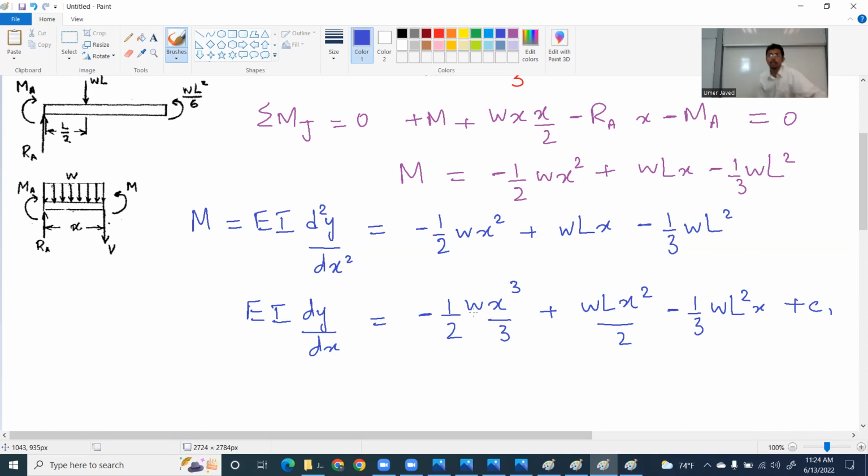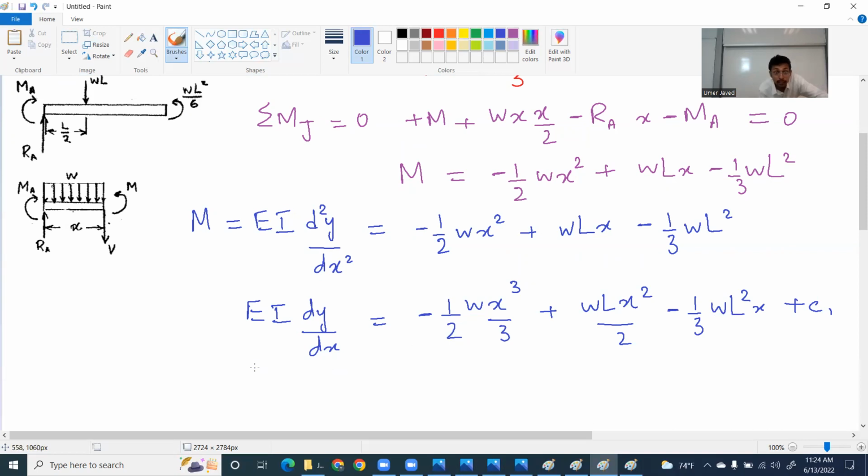Again, in the solution that I have, I think the author has made this mistake. He is writing minus 1/3 WLx. You can double check if I have made a mistake or not. I don't know why, but he or she has written WLx. As long as you are convinced that we haven't made a mistake, let's continue.